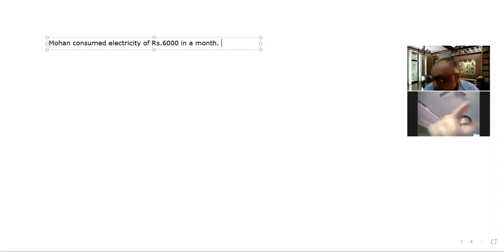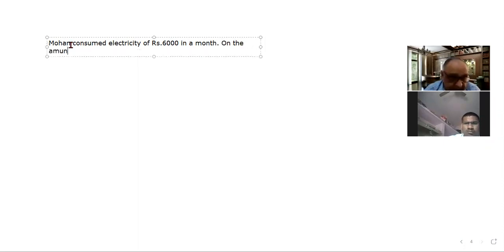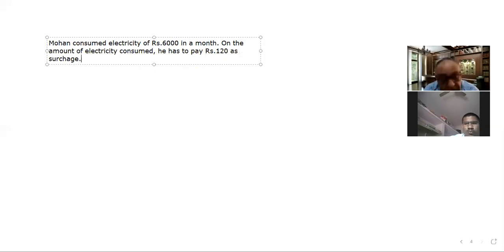On the amount of electricity consumed, he had to bear rupees 120 as surcharge. So what is the percentage of surcharge?